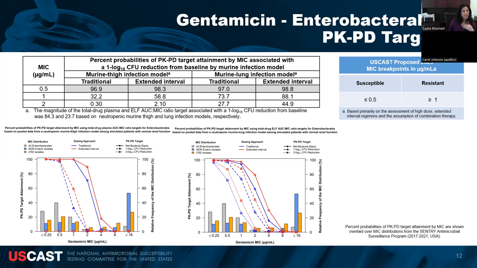So the next set of slides also go through this sort of outline of how these data are set up. And one important point about the murine lung infection model assessments, those were based on ELF targets in mice that we inferred based on various sources of data, as well as ELF exposures that were modeled based on the available PK data as well.